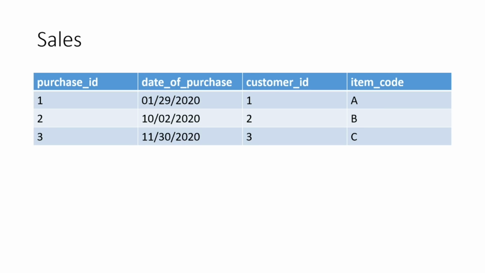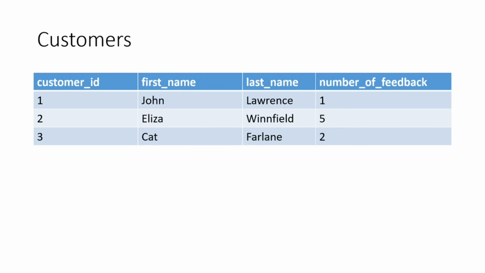When you are dealing with rows and columns, this means that you are dealing with stored tabular data. And in this table, we know nothing about the customer, right? We only have the customer ID. So this means that the information about the customers is stored in another table called customers.